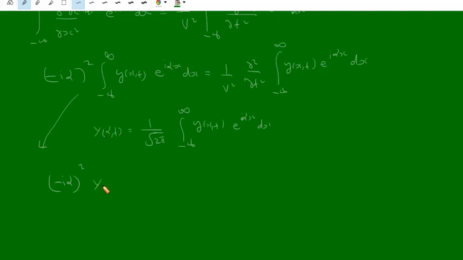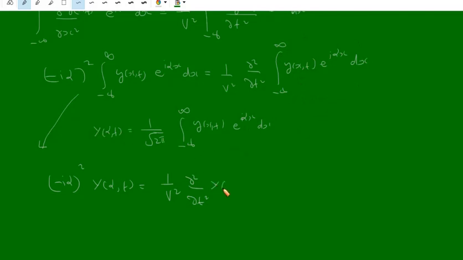So this is equal to 1 by v square dou square by dou t square of y of alpha,t. Again this quantity is y of alpha,t.